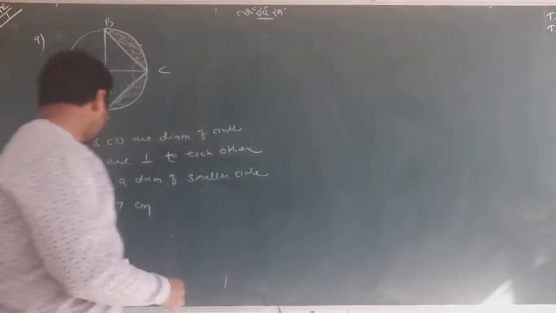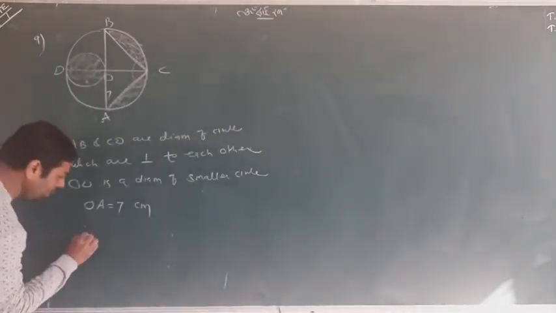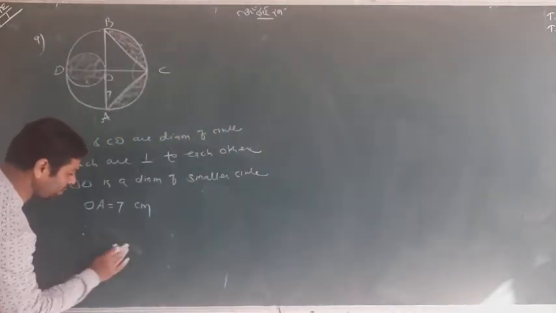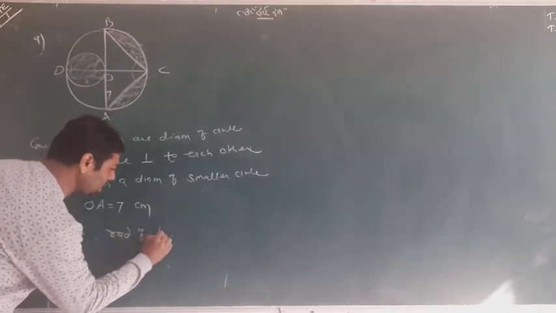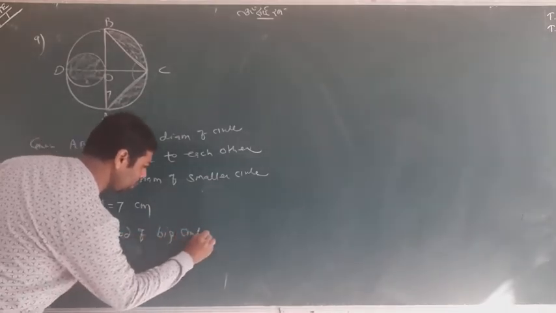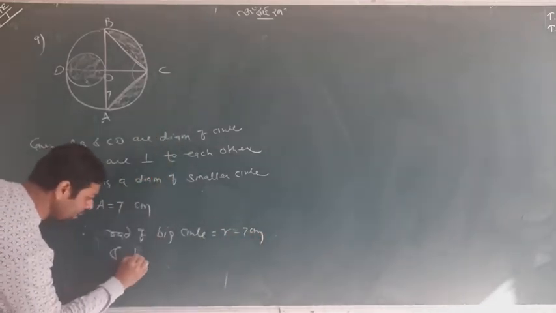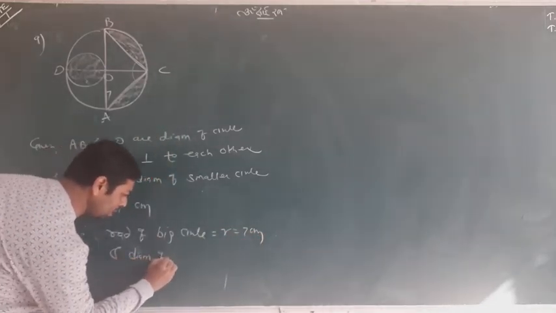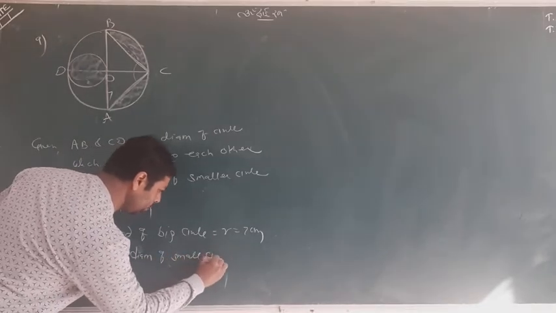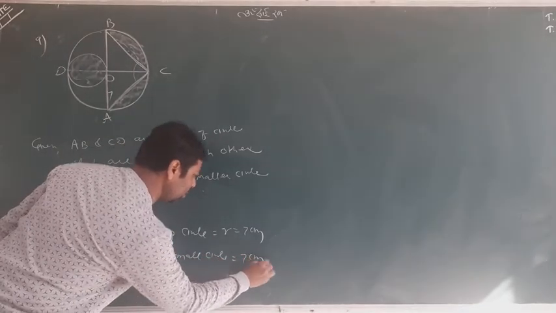Let me be formal with writing something. OA is equal to 7, so the radius of the big circle is R equal to 7 centimeter, and the diameter of the small circle is also 7 centimeter.